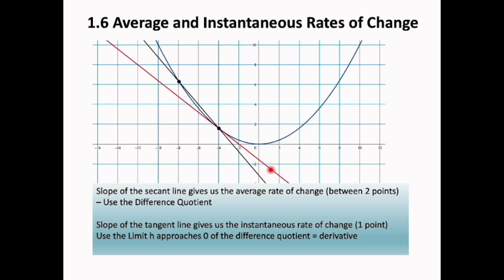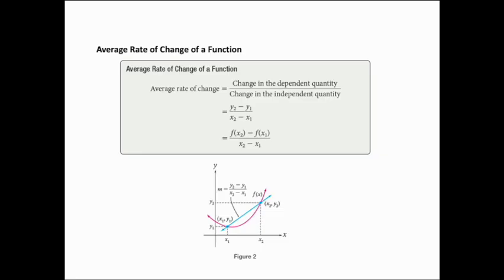And then to calculate the instantaneous rate of change, we're going to use the difference quotient along with limits to calculate the change in just that 1 point, and we'll get to that soon later in the section. We're going to look at the average rate of change first. This should be just review, but since it's important and we're focused on it in this section, let's do a quick review.